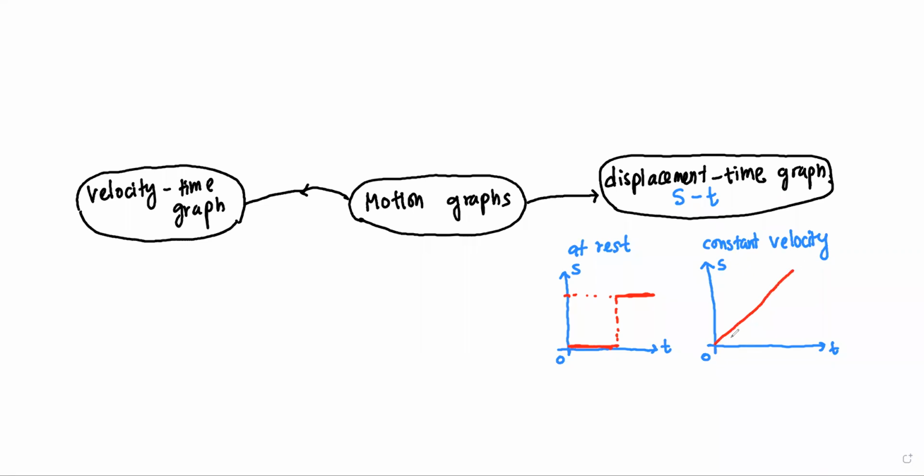So this is a straight line passing through the origin like this. So this shows that displacement increases proportional to the time. In another word, it increases with time. We can also call this a linear increase or linear change also. The linear means it changes constantly.